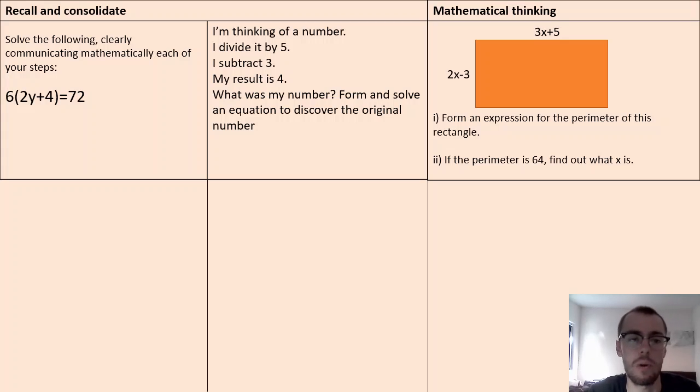So first one, we are clearly communicating each of our steps. That's the real focus for this question and the weaker area from the low stakes quiz. So first thing I'm going to do, expand the bracket.